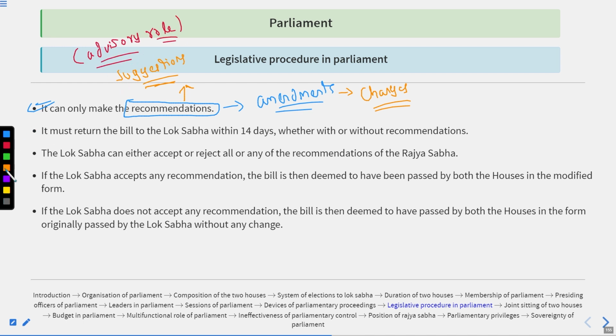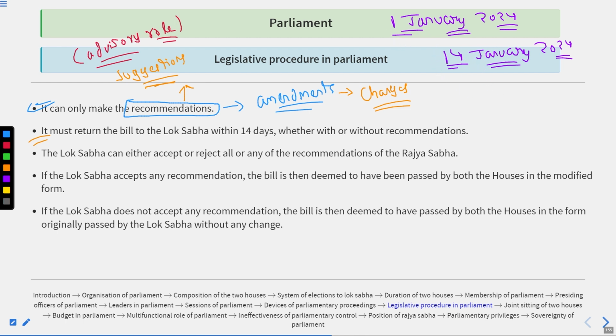Okay, it must return the bill to the Lok Sabha within 14 days, whether with or without recommendations. It means that suppose if the bill was transmitted to the Rajya Sabha on 1st January 2024, for example, then till 14 January 2024, the bill must be given back to the Lok Sabha.